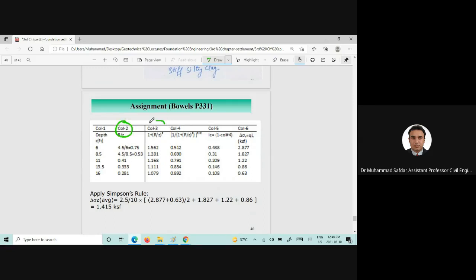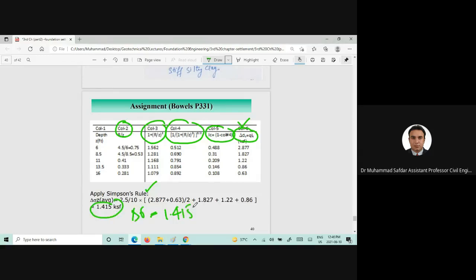So you can see R by Z, and 1 plus R by Z square, and 3 by 2. And if you want to find out numerically, you can subtract the column number 4 from 1, and once you get the Q and IC, you can find out the delta sigma Z and apply the Simpson rule, and you can easily find out the delta sigma value.